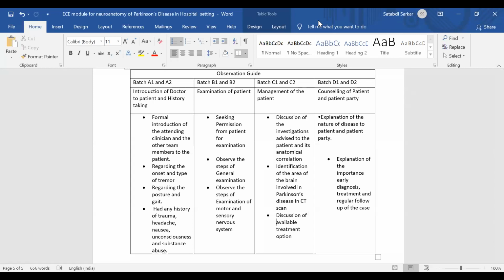So, ma'am, I stopped sharing my screen. Yes, you may do so. We're now moving on with the next presenter from I2 group, Dr. Monica Srivastava, on the topic hemiplegia in a classroom setting. Dr. Monica, do you wish me to share the screen for you? I will share the screen.